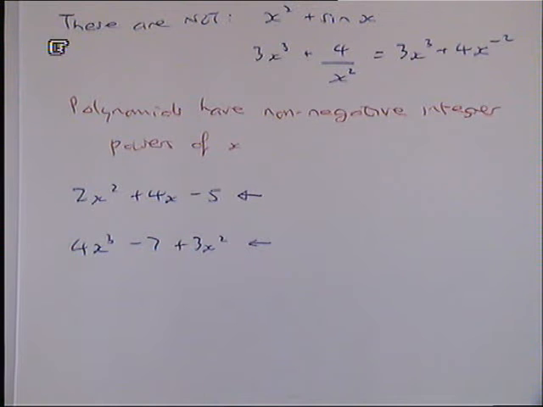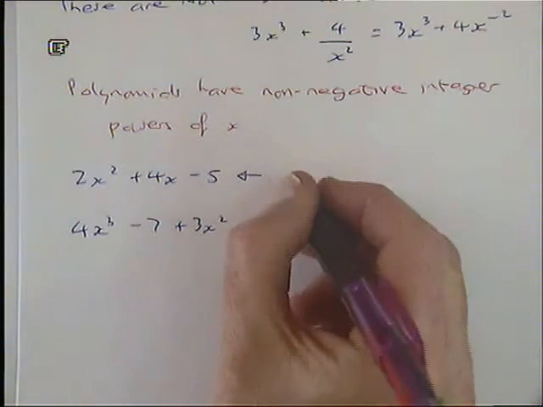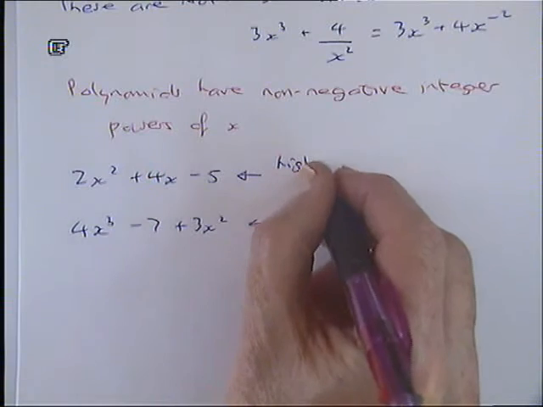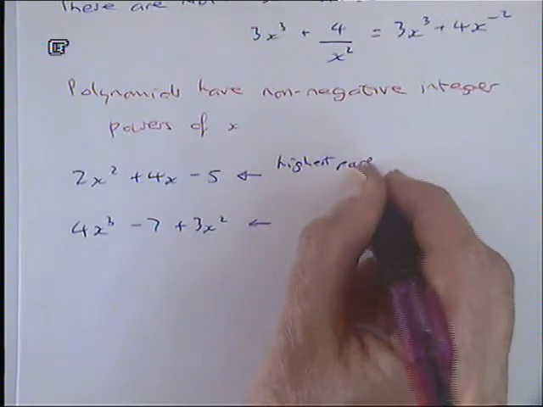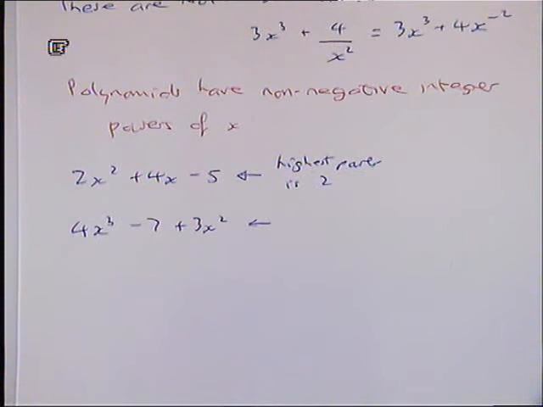Maybe a key way of classifying those two. The top one's not got any cubes. So this one here, the highest power is 2 here on the x. What's the word for that one then? If somebody's got the highest power of 2, just think 2 chapters ago.